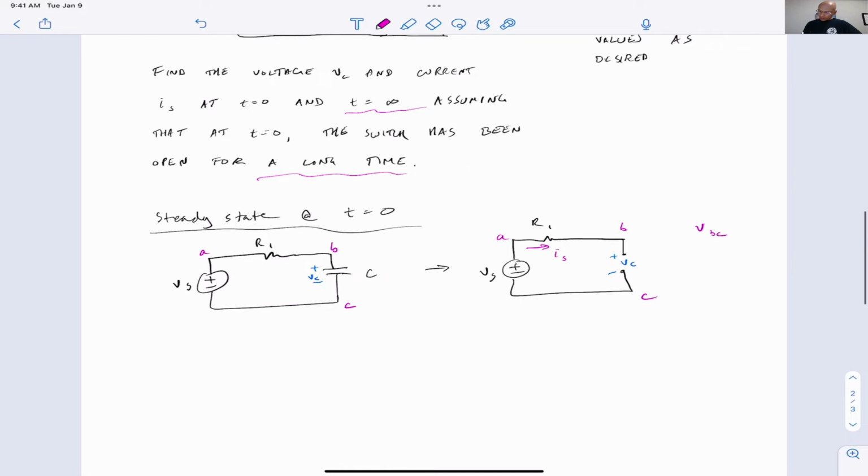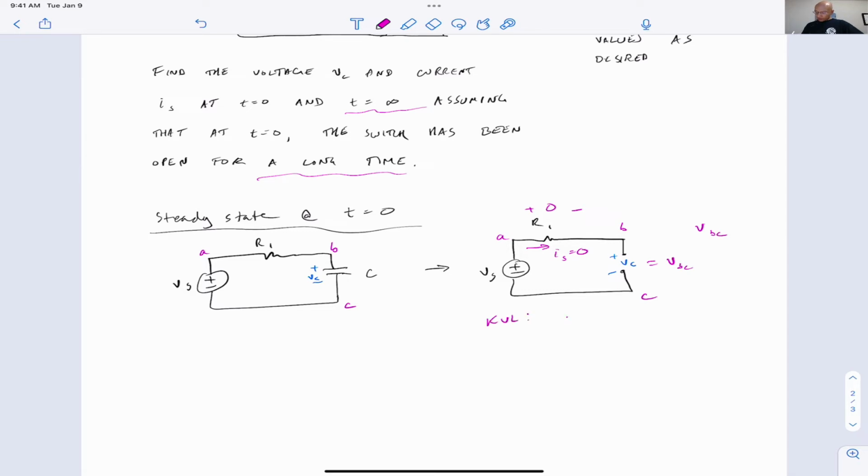Well, here it's already apparent that IS equals zero because it can't flow at all in the steady state circuit. And then VC equals VBC. And then we can get this from a Kirchhoff's voltage law analysis. So we know that if IS equals zero, then the voltage drop here is zero. So we're left with the following KVL equation.